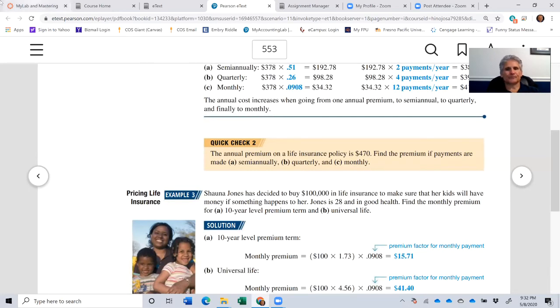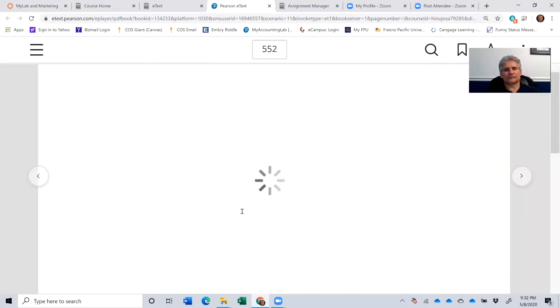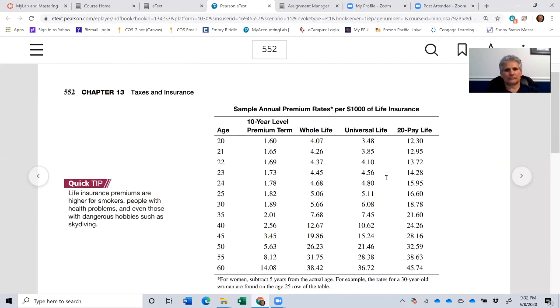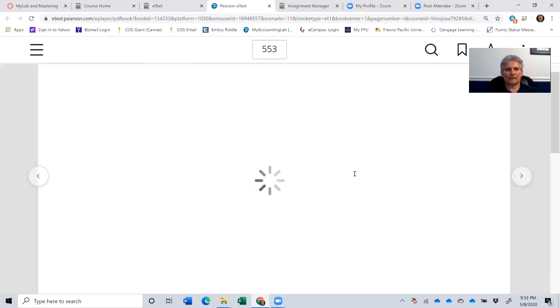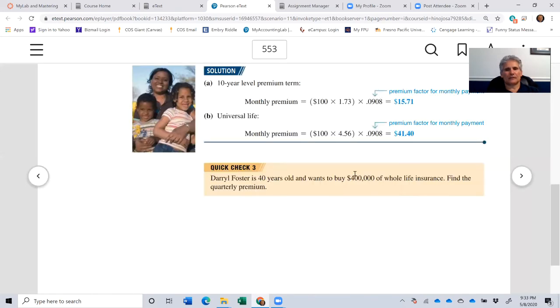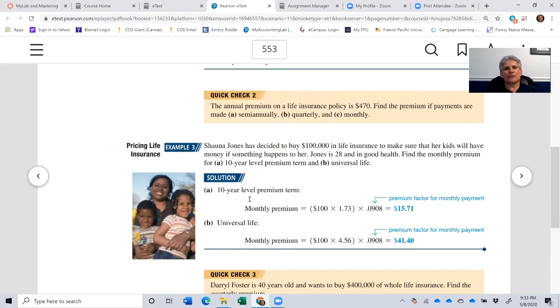She's 28, so I think we're going to subtract 5 from that. It's 23, 1.73 for 10-year term. Yep, 1.73. So the 10-year level premium term is 1.73 times 100.